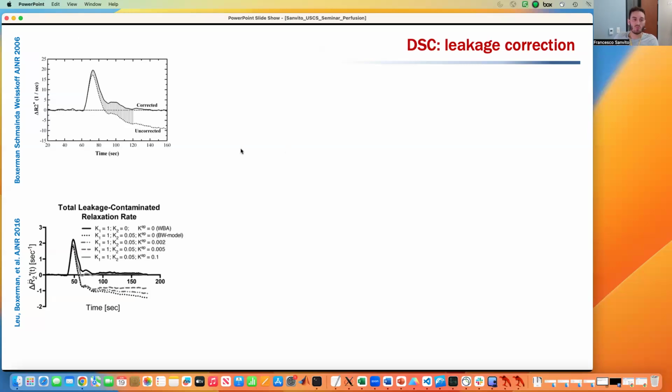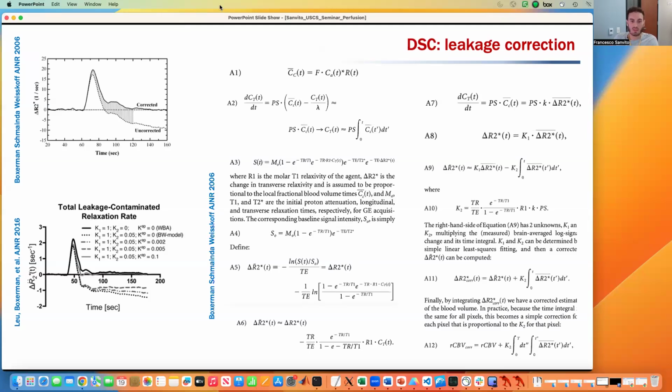One last comment would be that the problem is that this is not the real delta R2*. This is a delta R2* calculated from a single echo DSC that has T1 effects. So this is the mathematics of the leakage correction that we're not going to discuss in detail.